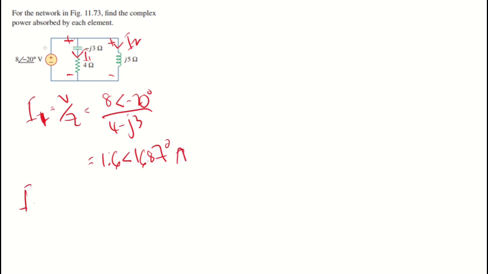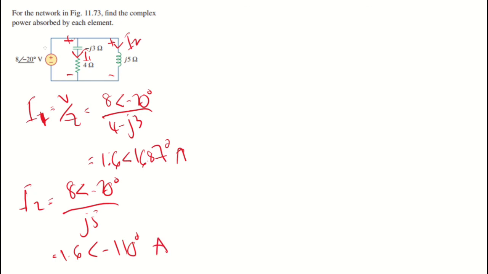For I2, the voltage across this branch is the same because it's parallel to the source. So 8 angle negative 20 degrees divided by the impedance of this branch, which is j5. You will get I2 as 1.6 angle negative 110 degrees ampere.